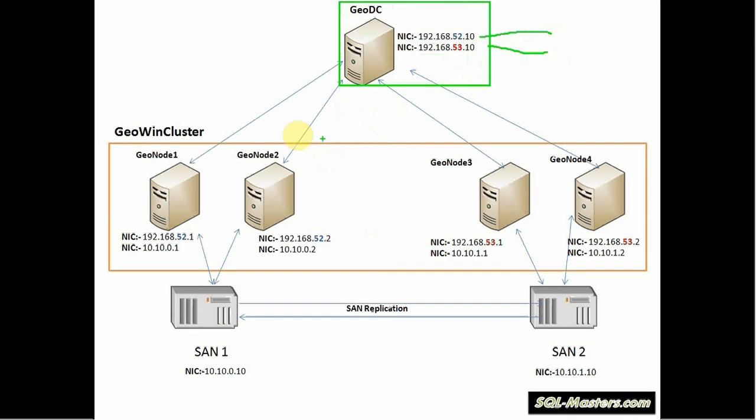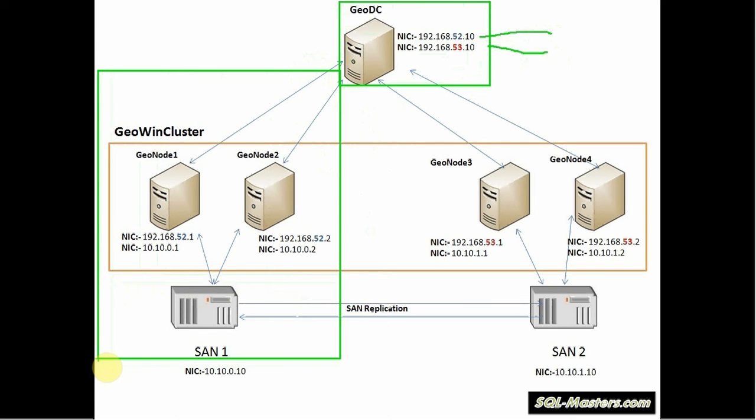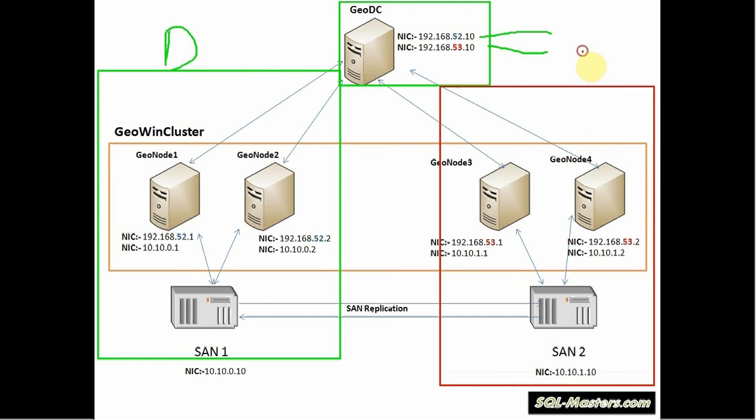But to be clear, let's assume we have two data centers at two sites. One is at Delhi and another one is at Mumbai. So we have two nodes at each data center.